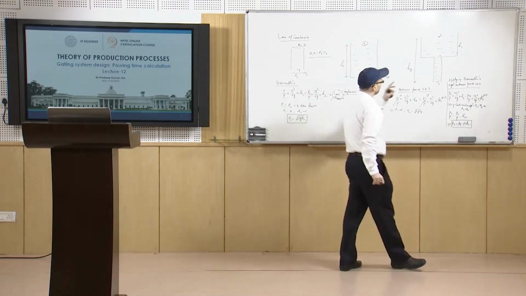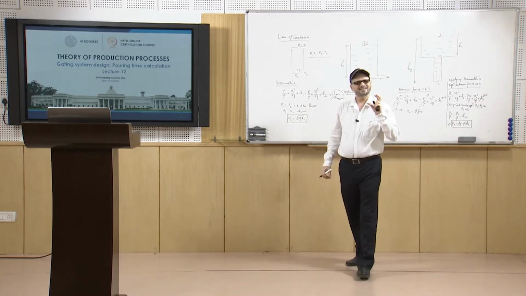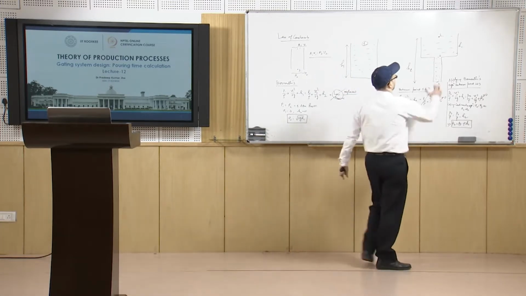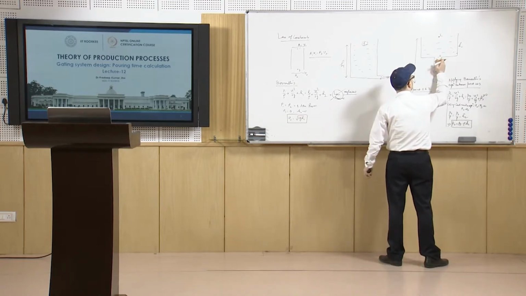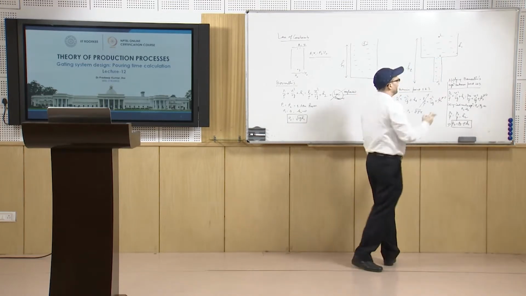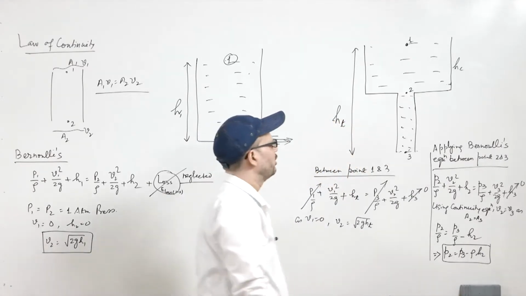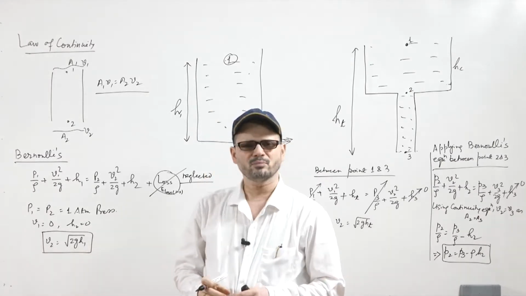If the mold is permeable, it will try to maintain the atmospheric pressure here, and it will suck the atmospheric air or gases from this side through the permeable mold.